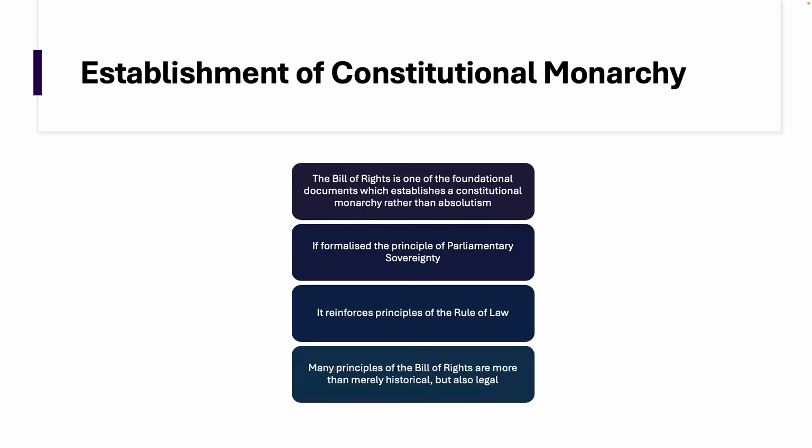And of course, some of these principles are still particularly relevant even to this day. There's still relevance and citations to the Bill of Rights to this day, but it also is something that informs some of the other Bills of Rights that exist in other jurisdictions, like, for example, the US Bill of Rights, which of course comes into fruition many years after this one.